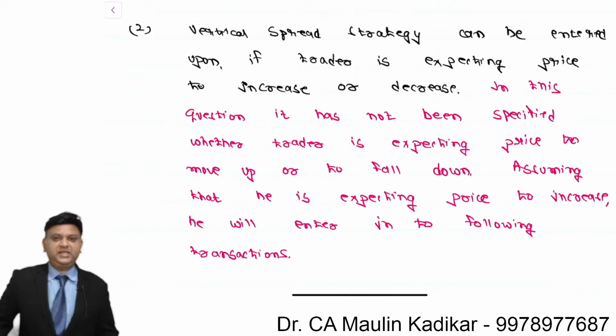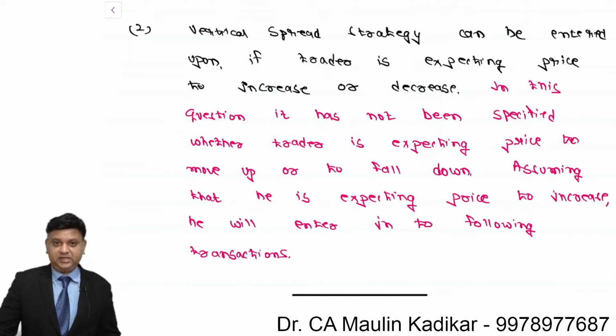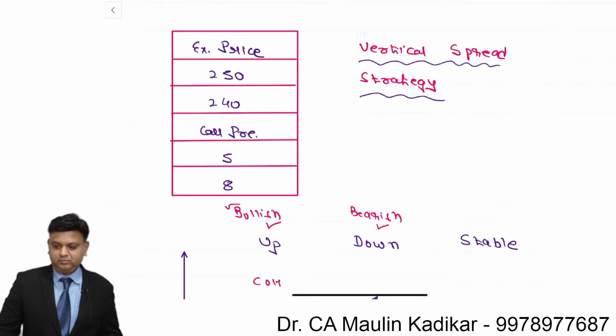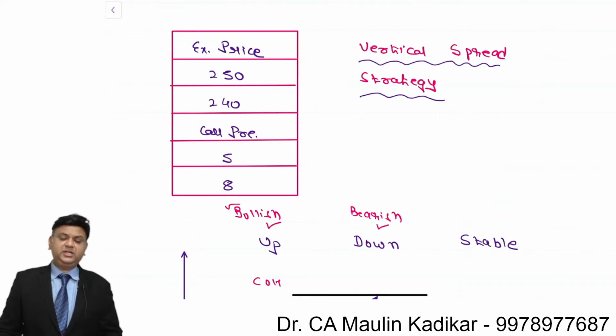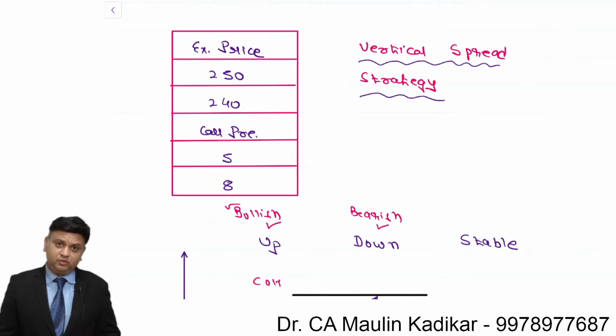Let us understand in which transactions you will enter upon. Now basically friends, whether you are expecting the price to go up or to go down, in either case what will you do?